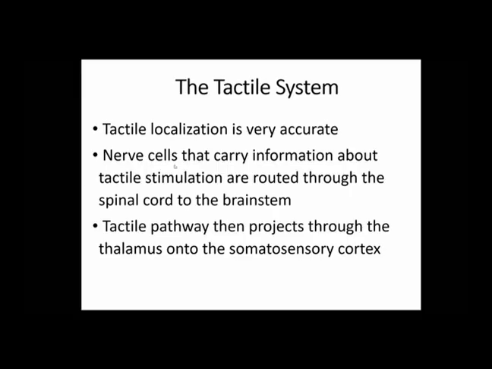And all of our different types of nerve cells that are carrying this tactile stimulation information are going to be routed through our spinal cord and into the brainstem along our pathways that we talked about back in the chapter about our nervous system. These tactile pathways project through our thalamus into our somatosensory cortex.